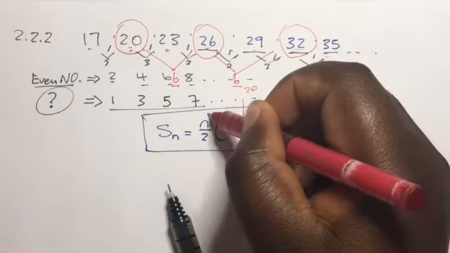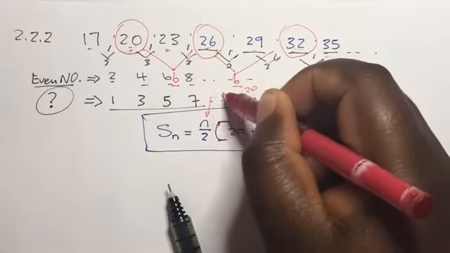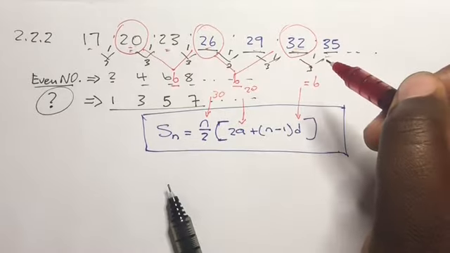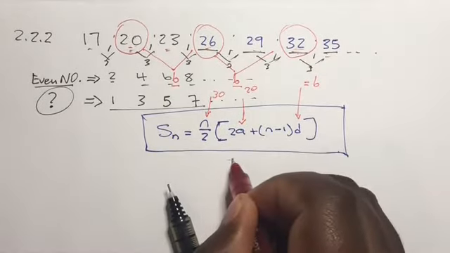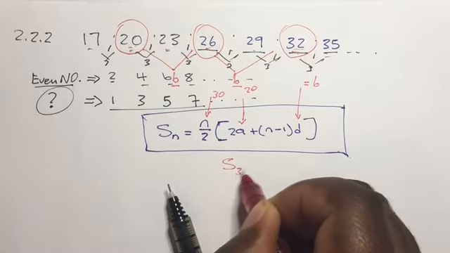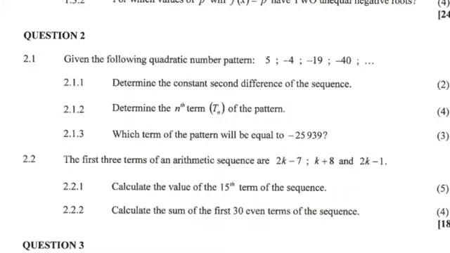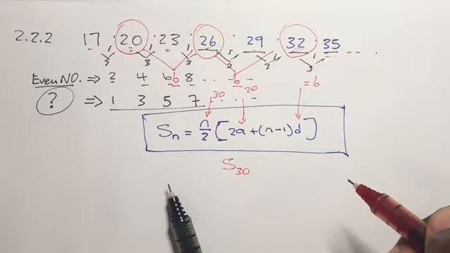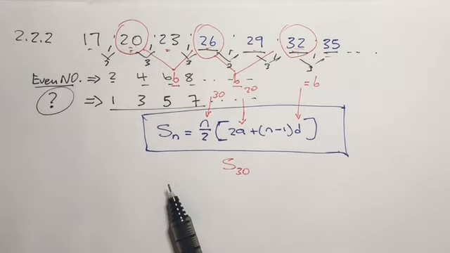And then our N will obviously be 30 because the question expects us to calculate the sum of the first 30 even terms of the sequence. So I think without having to go further with this question, you can see that the question is already done.